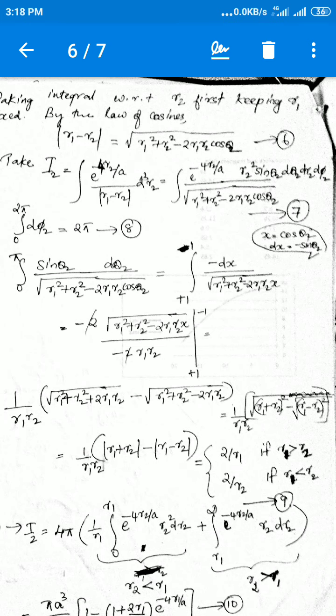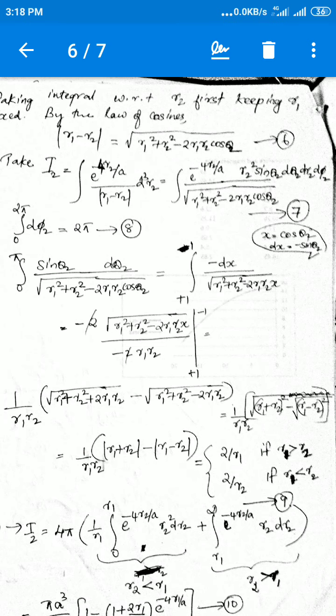So 0 to pi sin theta 2. All the other terms I don't take. I have only taken the terms with theta 2. So sin theta 2 divided by the root of r1 squared plus r2 squared minus 2 r1 r2 cos theta 2 into d theta 2. So now let us do that integration, only that part.